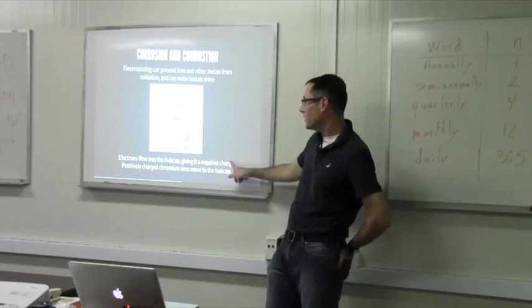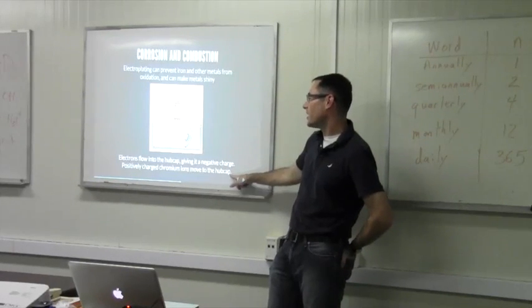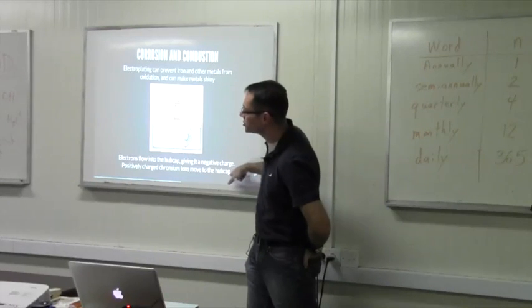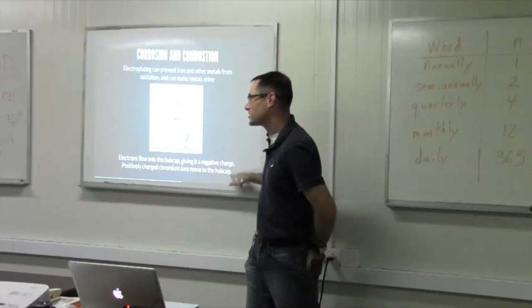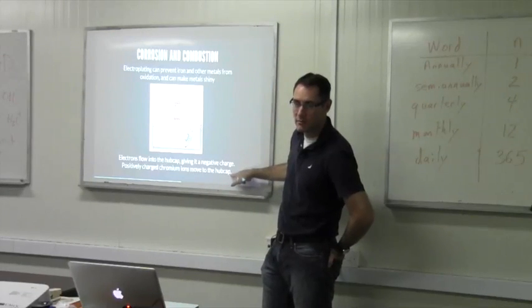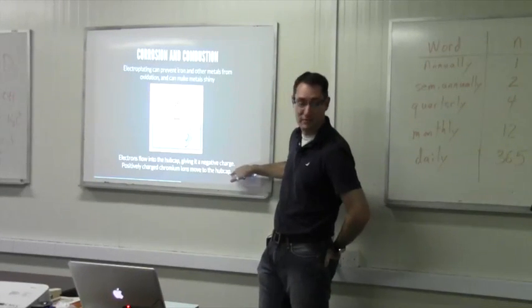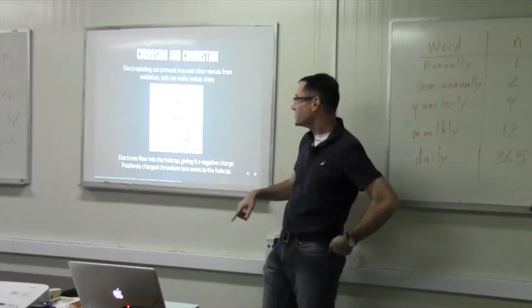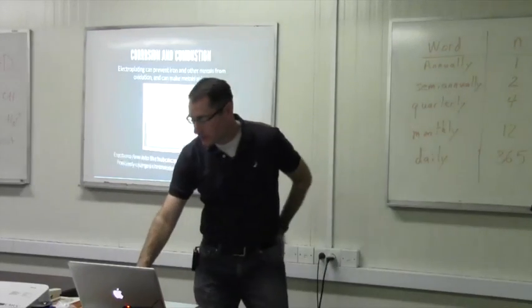Electrons flow into the hubcap, giving it a negative charge. Positive charged chromium ions, they have been what? Reduced or oxidized? Oxidized. Because they've lost electrons, right? Yep. So there you go. Okay. And so that's what you end up getting with that.